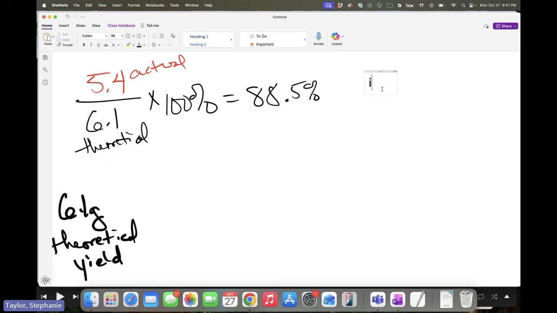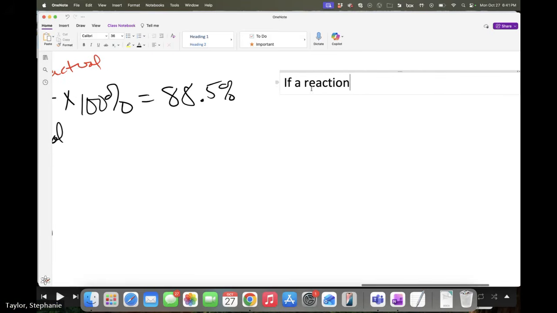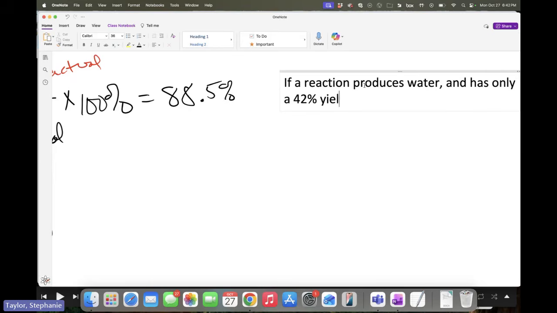Okay. If a reaction, oh, make this longer. Just something completely different, produces water. And has only a weird number, 42% yield.